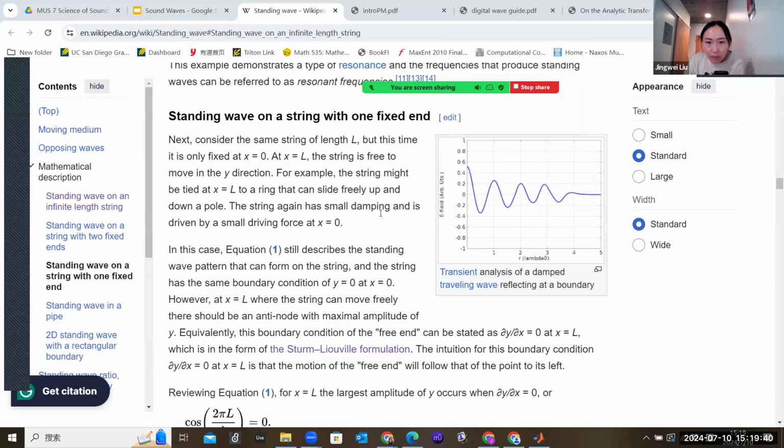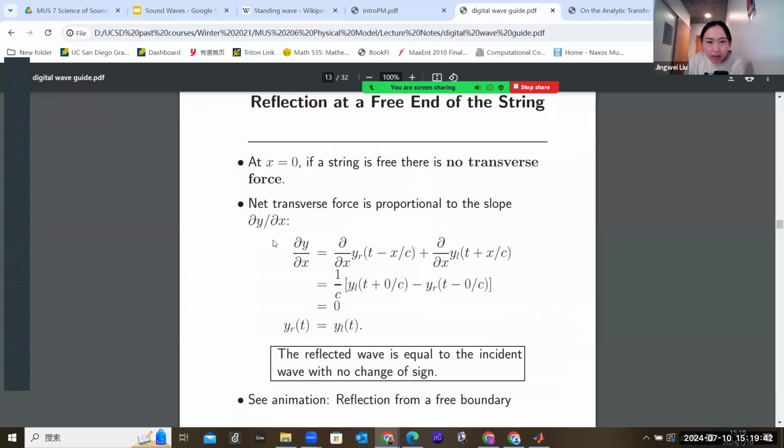Mathematically speaking, we just said that the derivative should be flat. Therefore, the derivative of y over x should be 0. When we compute the derivative of the right traveling wave and the left traveling wave, c is some constant, it doesn't matter, and then we have this change of sign.